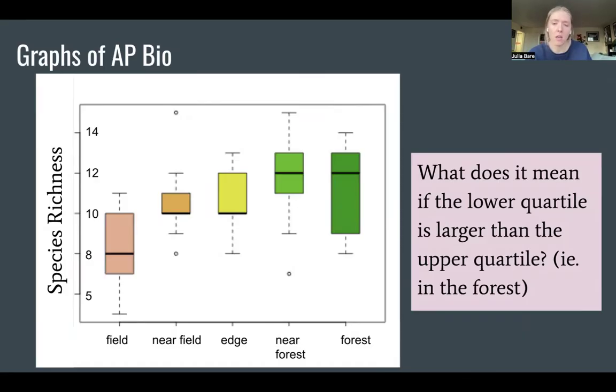What does it mean if the lower quartile is larger than the upper quartile? For example, in the forest, what does it mean if the lower quartile is larger than the upper quartile?